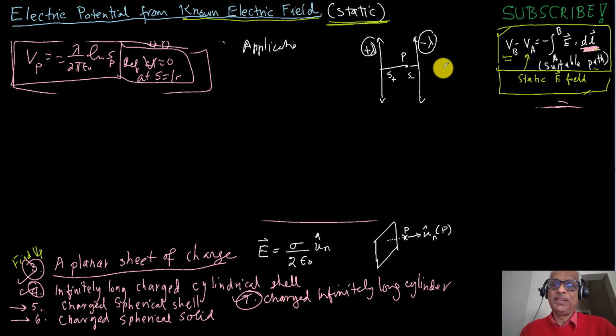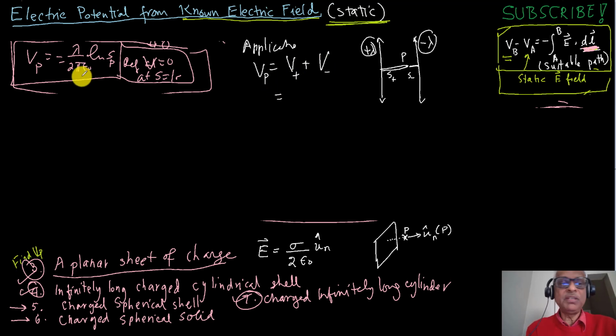What's the electric potential at a point between them? This distance is S plus and this distance is S minus. You can just use the formula for each one of them and use the superposition principle. So V is V plus plus V minus.